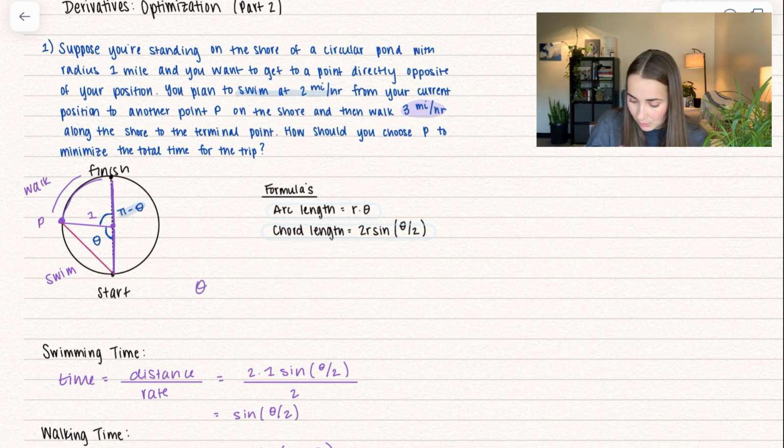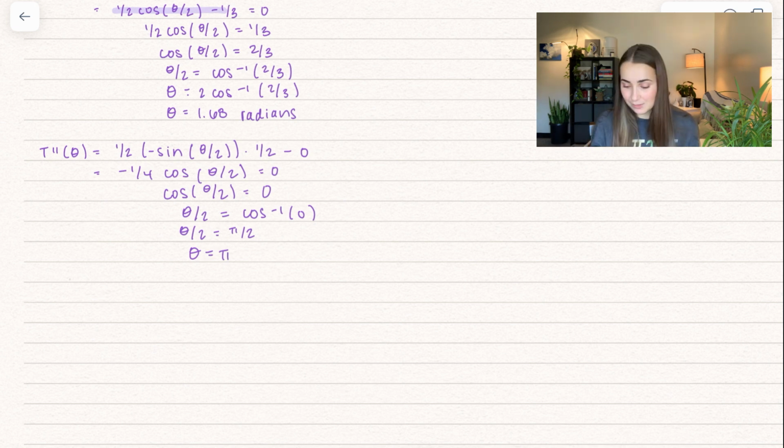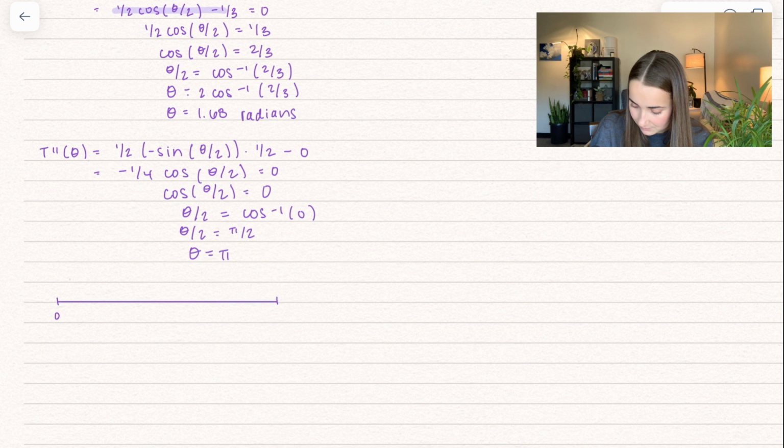So theta is bounded between 0 and pi. That means our negative pi over 2 isn't going to make sense. Instead, I'm going to just use that pi over 2. Multiplying both sides by 2, I get theta is equal to pi, which is actually very nice because we're bounded by 0 and pi. So our interval is just going to be this right here.